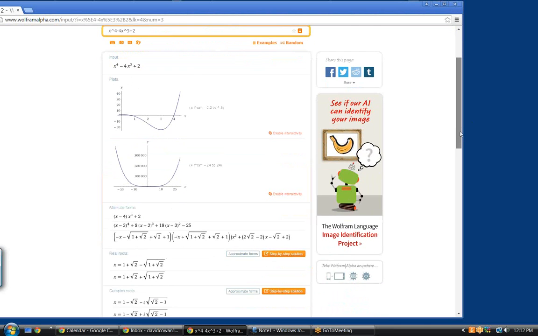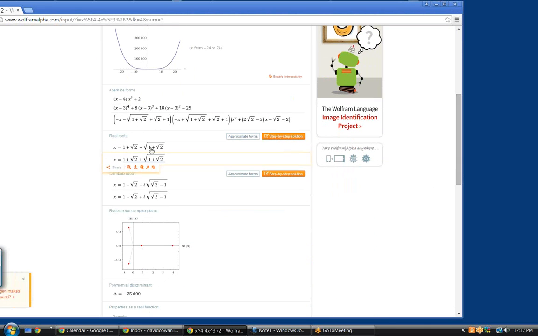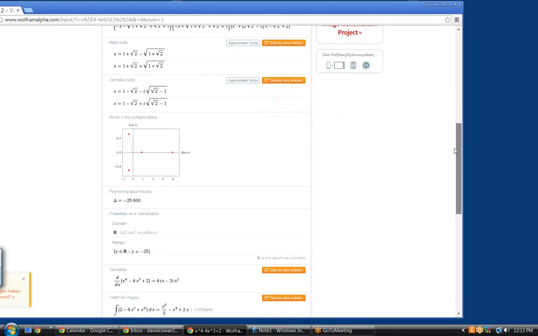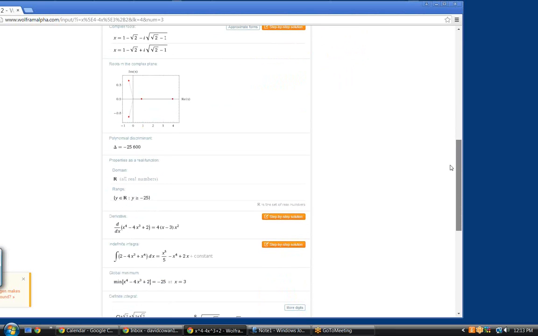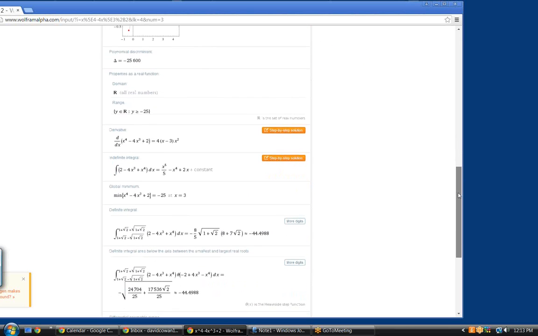So that you can't see much in detail on that. They give you the real roots of the function. In other words, the zeros. Always. Whenever you want to find the zeros, they'll automatically give it to you. And, of course, the complex roots in the complex plane they give you. A lot of stuff they give you here I'm not even sure I understand.